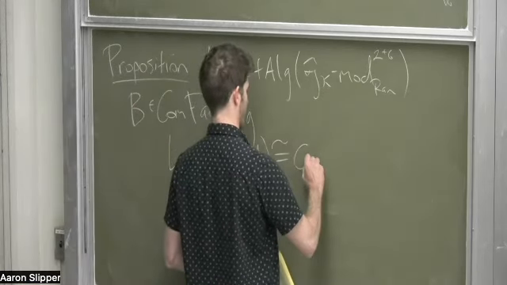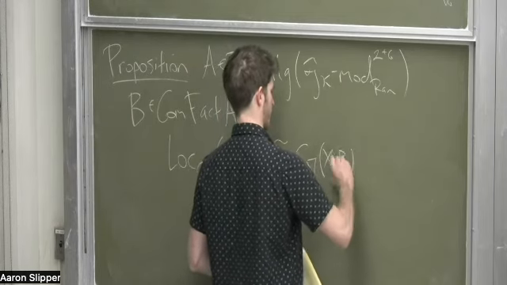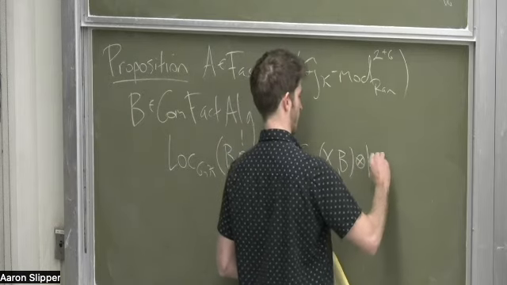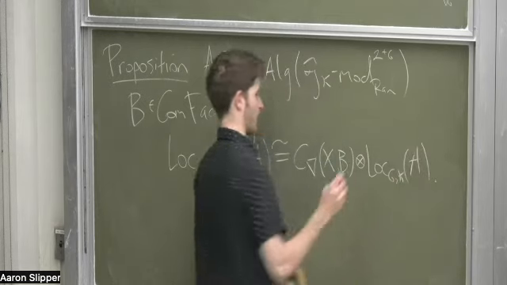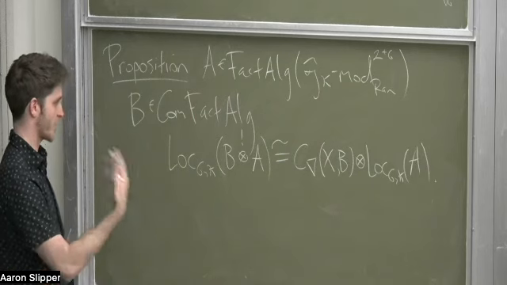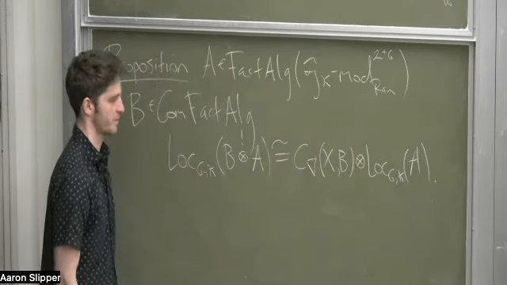And the claim is that this is isomorphic to the chiral homology of B tensored with the localization of A. You can see it's a compatibility of the action of D-modules on Ran space on this category with the localization functor and the chiral homology.